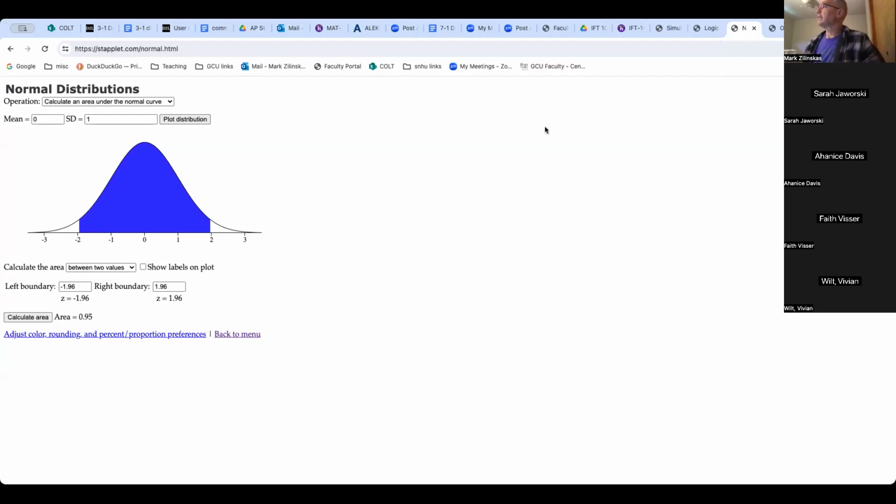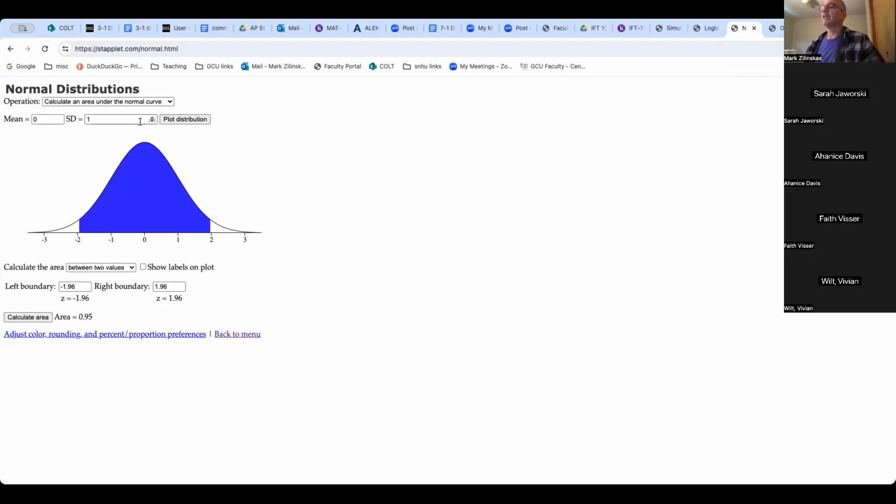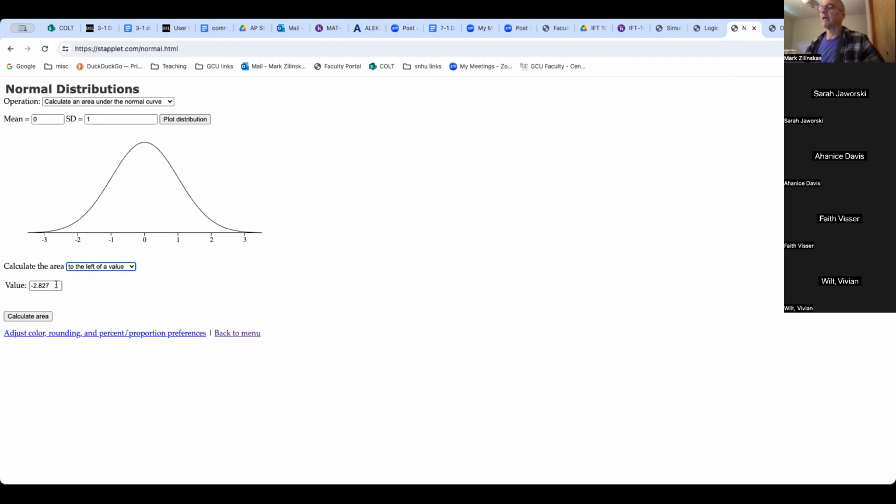If I wanted to relate this to my example that I just did, and I want 1% in that left tail, I would come over here. My Z statistic would be 2.326. So if I come back over here, since that was a one-sided test, I'm going to go just to the left of a value, negative 2.83. Oh, that must have been in there from earlier.